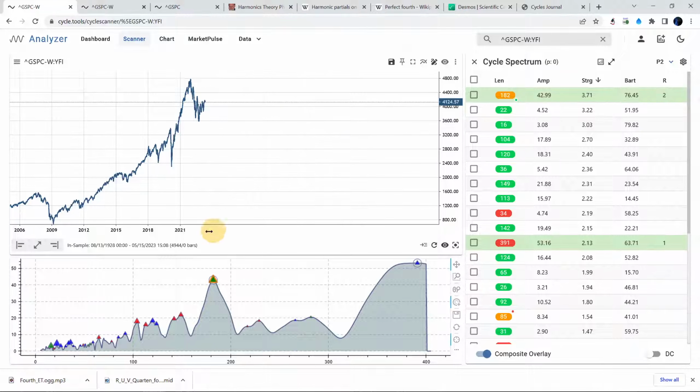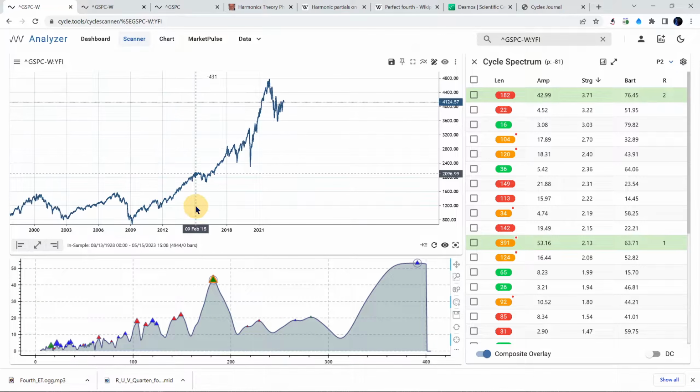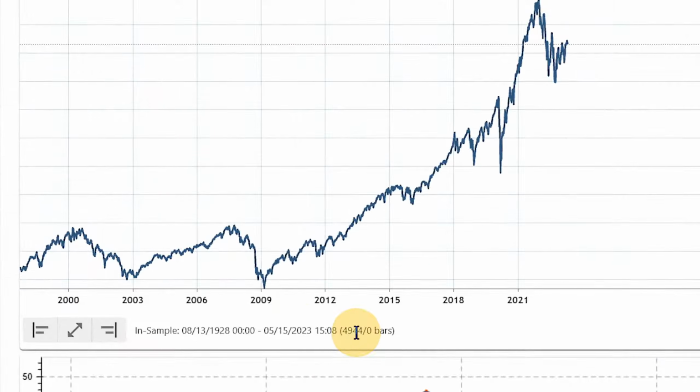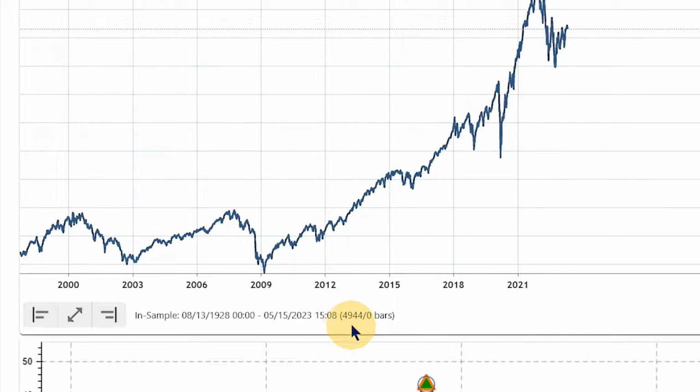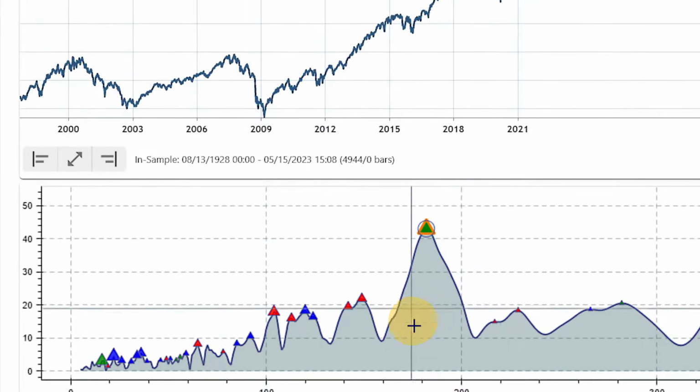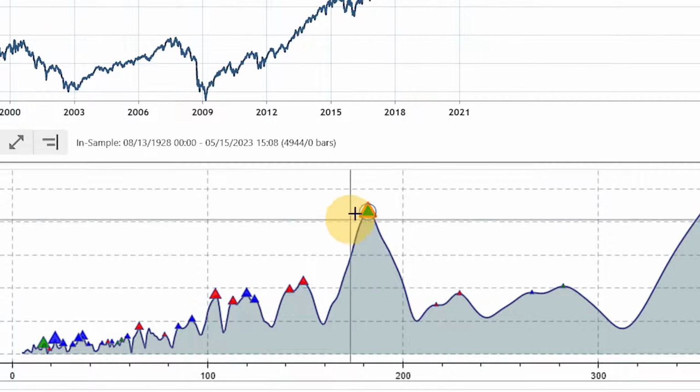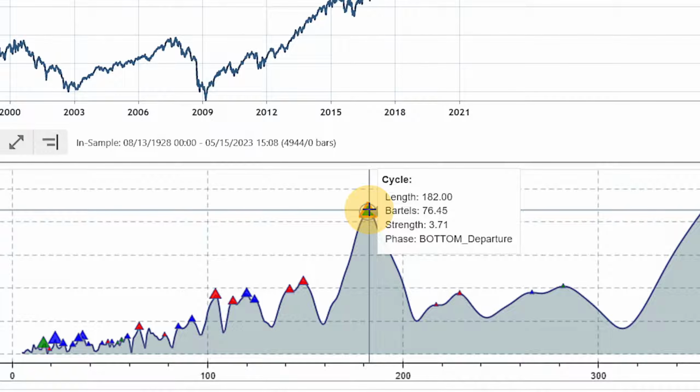So therefore, I'm using more or less all weekly data here, and then I'm going to the spectrum results of this data. You see here we have now, just zooming in, over 5,000 data points going back 1928 to 2023, 5,000 weeks of data in our analysis. And if we look down into our spectrum, there is a clear dominant peak seen at 182 weeks.